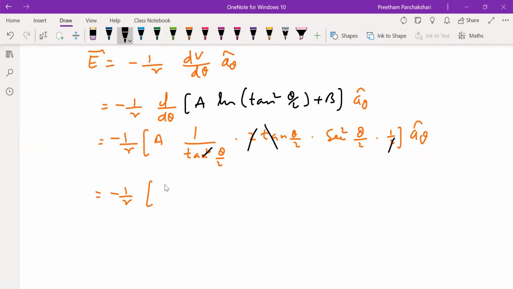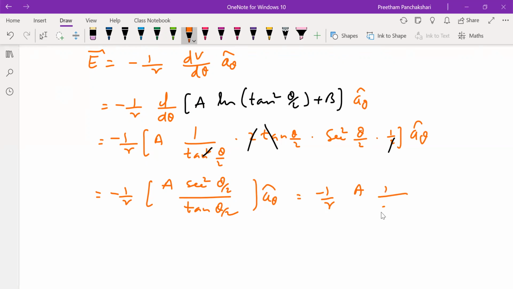Then we are left with A, as usual, secant square theta by 2 divided by tan theta by 2, into a theta, with minus 1 by R. Secant square is 1 by cos square, we know that, into 1 by tan, which is cos by sine.